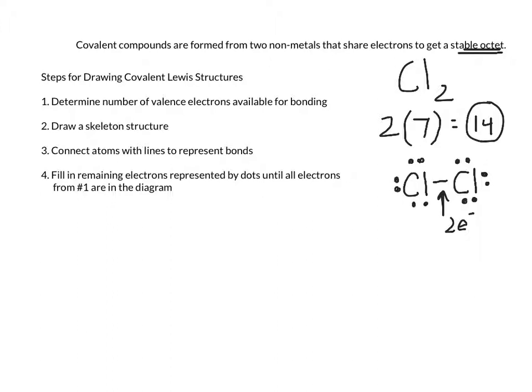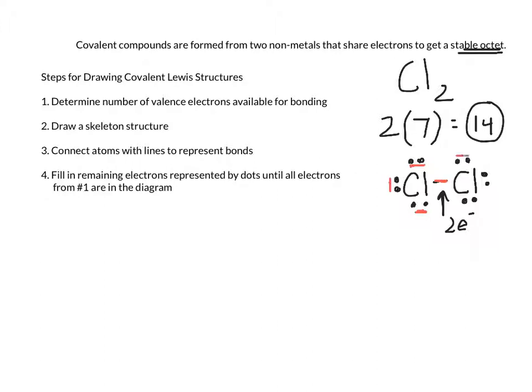So now each chlorine has 6 valence electrons on itself, and then the 2 that they're sharing that makes them bonded in between. So I have 14 electrons represented. If you follow along with me here, I have 2 here, 4, 6, and then there's 2, of course, in the bond, and that's 8 for this chlorine.